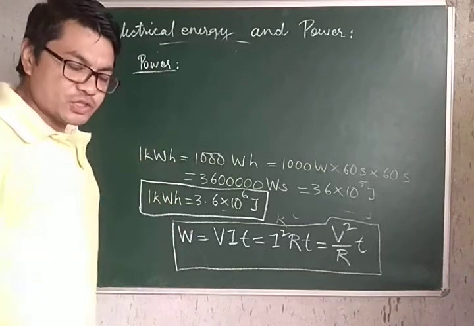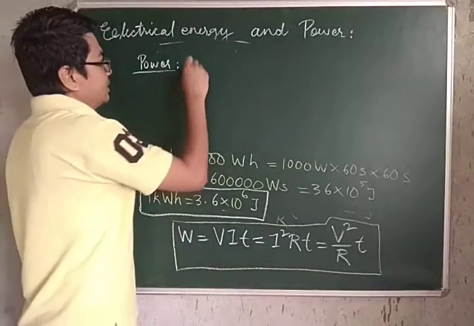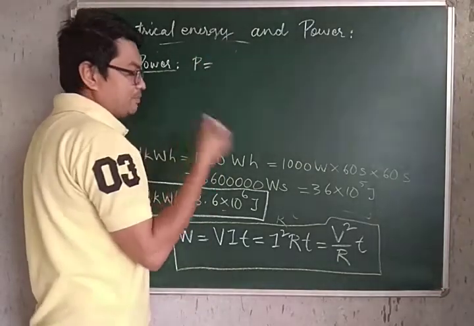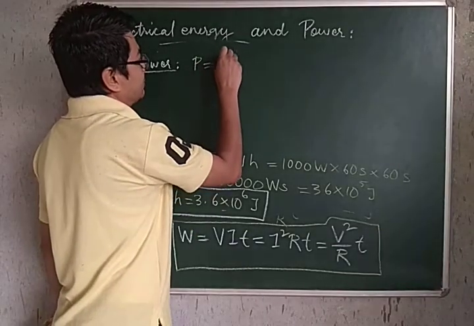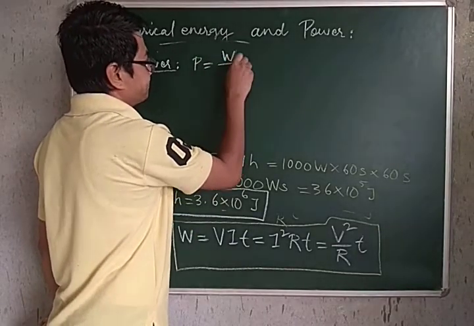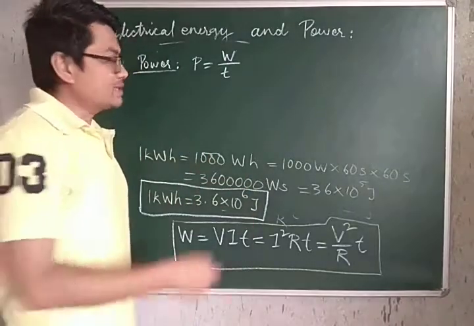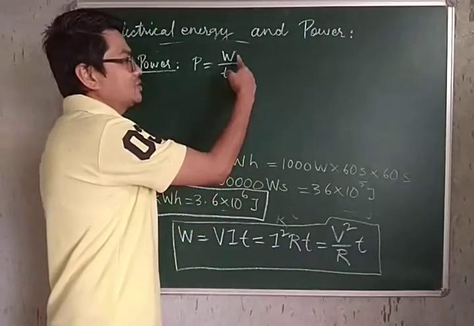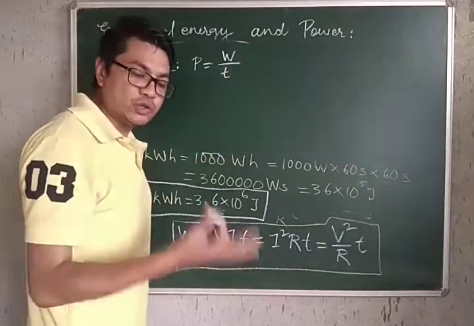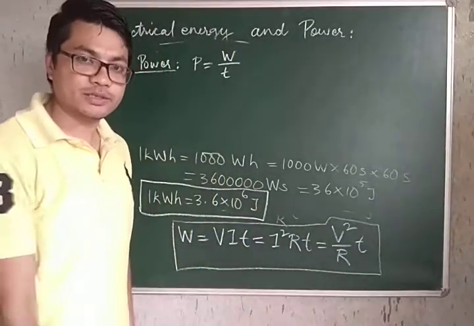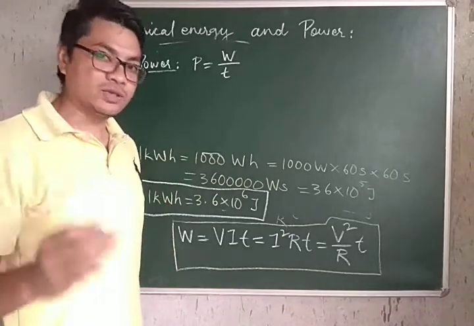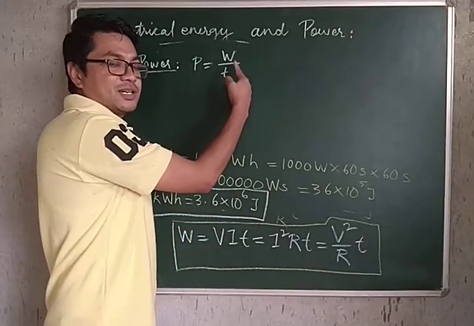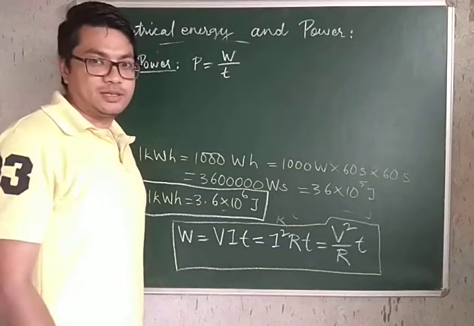Now from the definition of power itself, if P is the power, you can say electrical power is the rate at which electrical energy is consumed in a circuit.